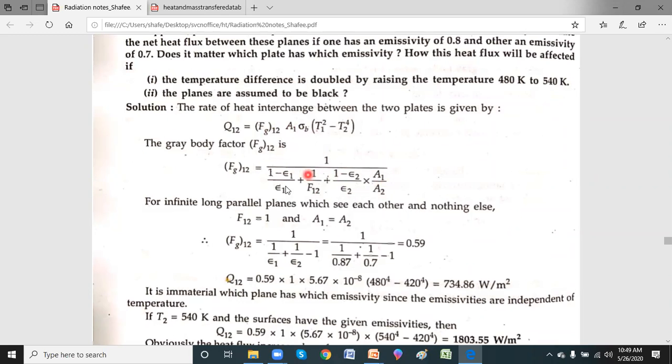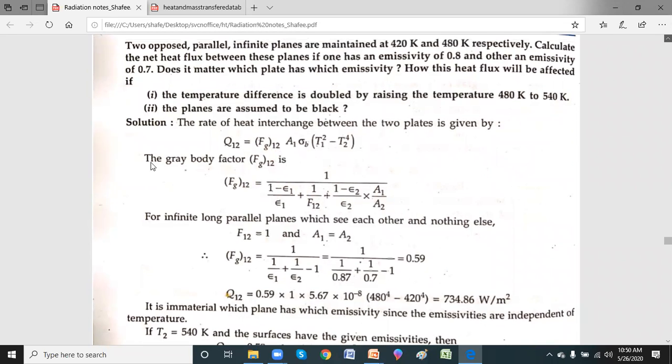If you keep as usual the formula we discussed at the top, you get the same thing. They simplified it into a very small formula, that is Q12 is FG12 A1 sigma B (T1 power 4 minus T2 power 4). FG12 is nothing but the same thing I discussed at the top. You just see A1 has been taken common, and finally you get this denominator like this. Right. Now just go for problems.